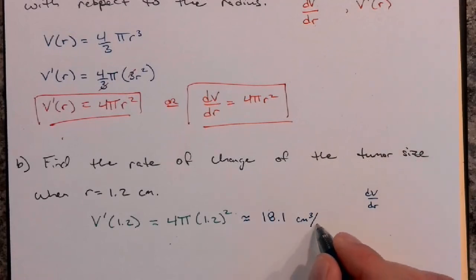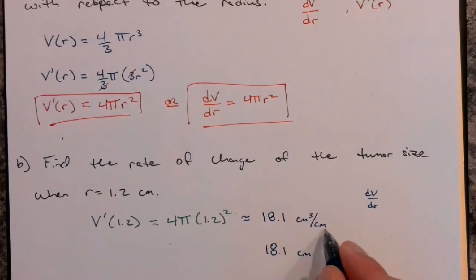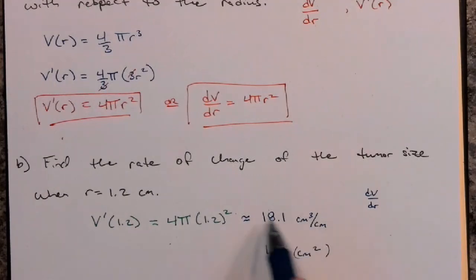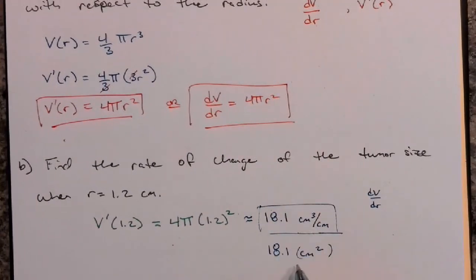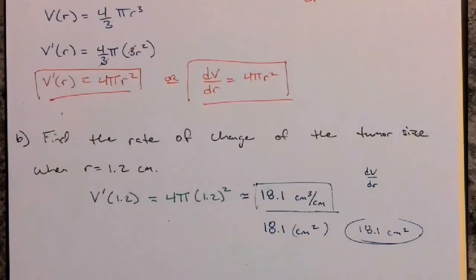So it's centimeters cubed per centimeter, which, because these units have the same base in them, you can divide and say this is actually 18.1 centimeters cubed divided by centimeters to the first, which gives centimeters squared. So 18.1 centimeters squared. These units might give you a better idea of what's going on. These would be the actual units that you would say.